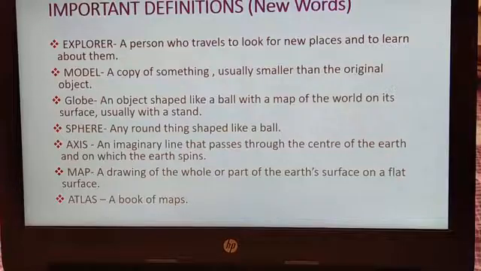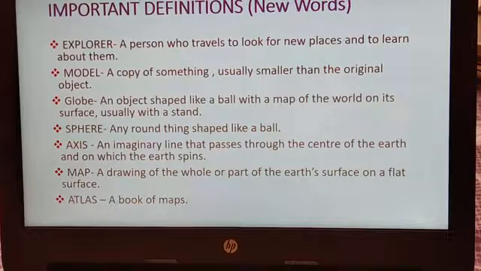Globe: an object shaped like a ball with a map of the world on its surface, usually with a stand. You might have seen these objects. How do they look like?